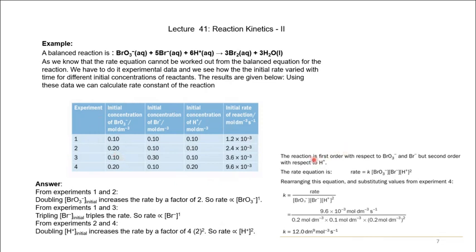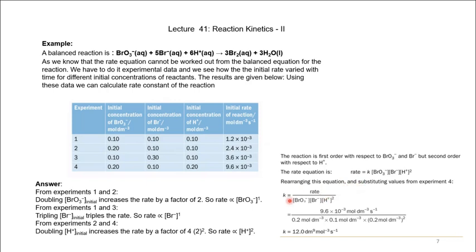And then if we take the overall reaction, with respect to bromate ion and bromide ion it is first order, but with respect to hydrogen ion it is second order. So rate of reaction is equal to the rate constant times the concentration of bromate ion, times the concentration of bromide ion, times the concentration of hydrogen ion squared.